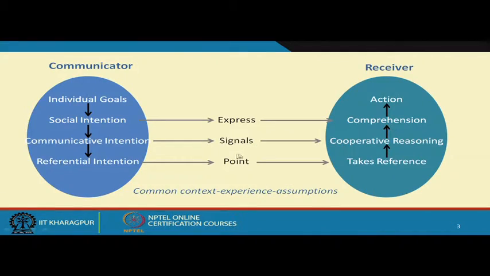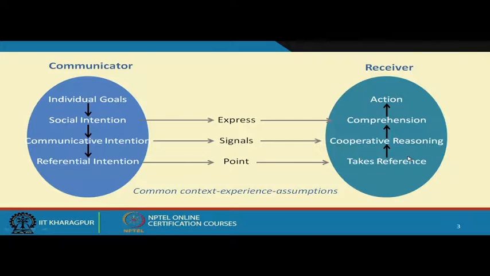So, this is the referential intention which the communicator needs to understand, and based on that he would let out some references or points for that matter. Pointing here is not by a physical pointing, but in your communication what it is referring to, hinting at or emphasizing, and then this pointing is taken into cognition by the receiver by taking reference.